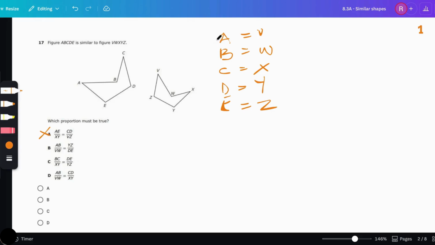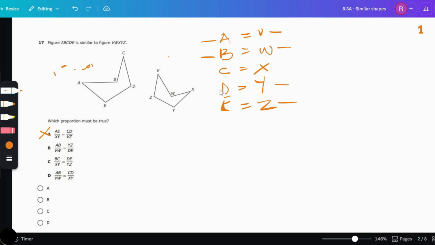The next one, we have AB over VW equals YZ. If you are choosing from this shape first for the left hand side, then for the right hand side you must also choose from this shape first. So AB over VW cannot be equal to YZ.